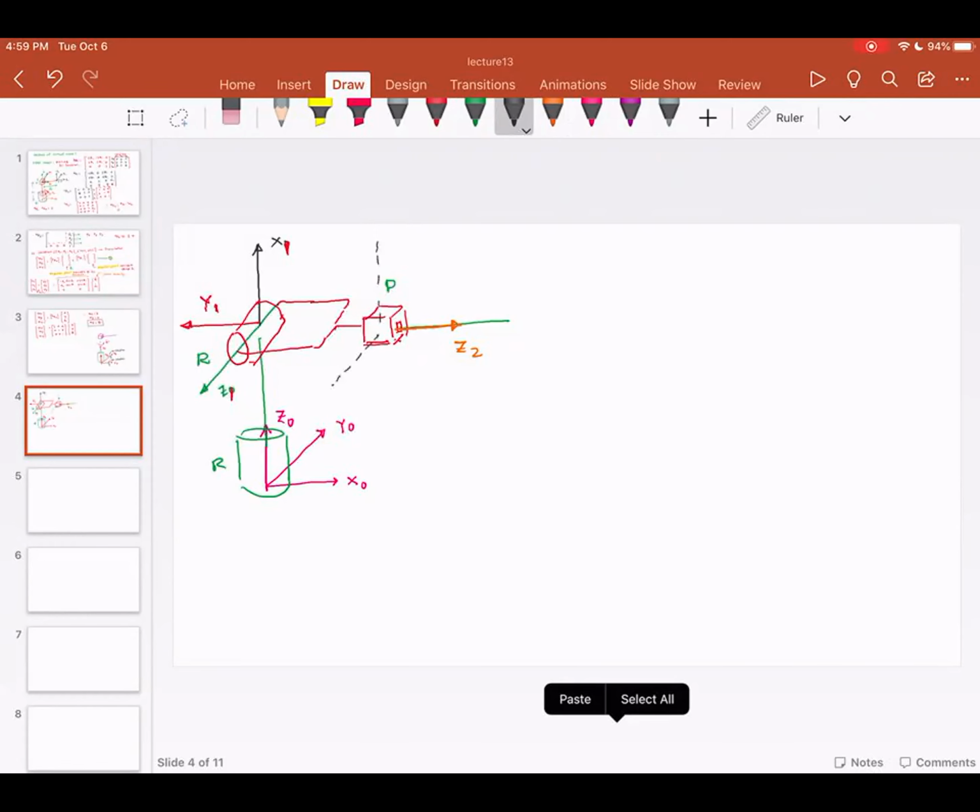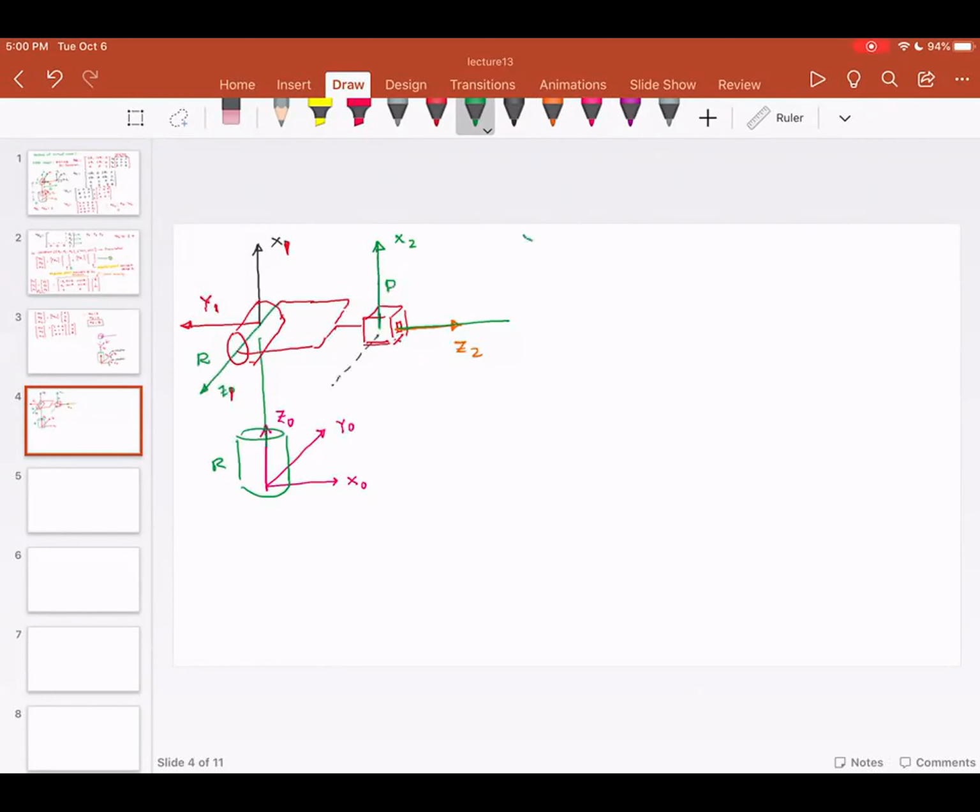But in both cases, you are not going to satisfy the four rules. So the easiest way is to use X2 like this. And please note, X2 is intersecting Z2, but it is not intersecting.